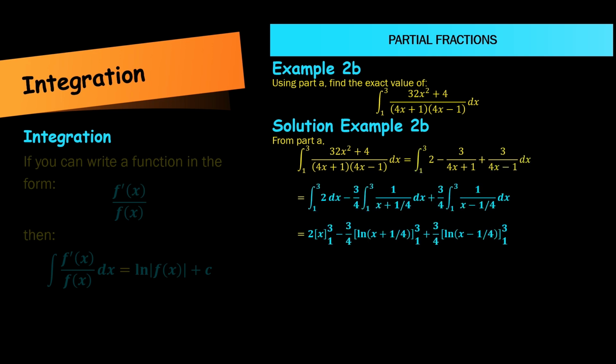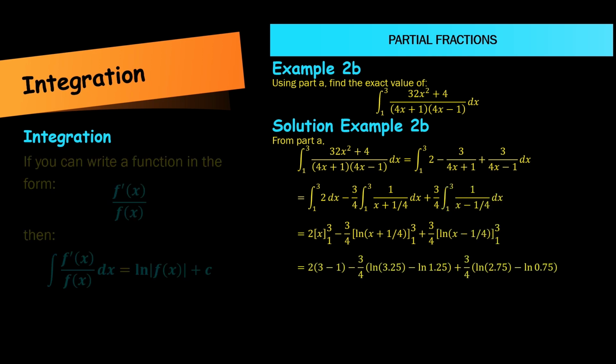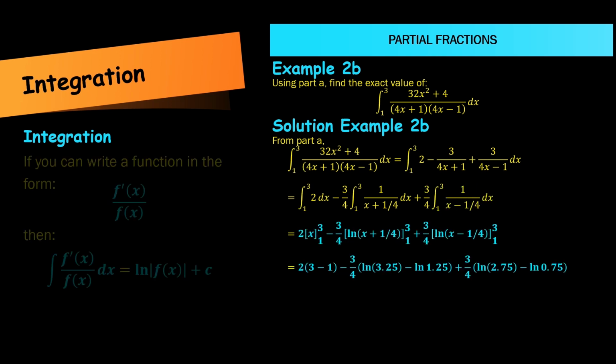To give us 2 times x between the limits 1 and 3, minus 3 over 4 times ln of x plus 1 over 4 between the limits 1 and 3, plus 3 over 4 times ln of x minus 1 over 4 between the limits 3 and 1, to give us this expression.